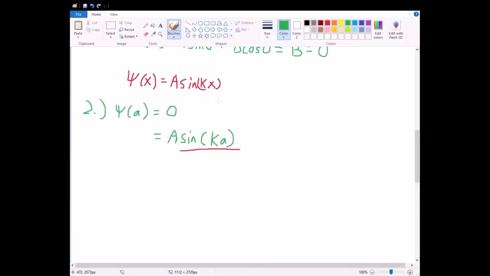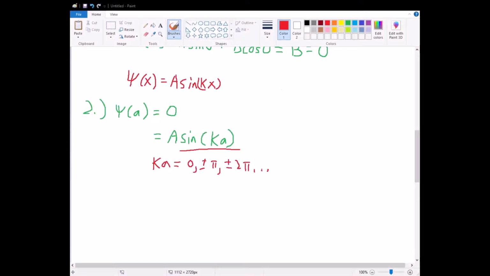And if sine of ka equals 0, well, that necessarily tells us that since sine is a periodic function, ka must equal either 0, plus minus pi, plus minus 2 pi, and so on and so on.